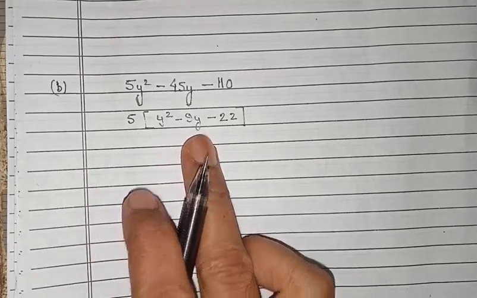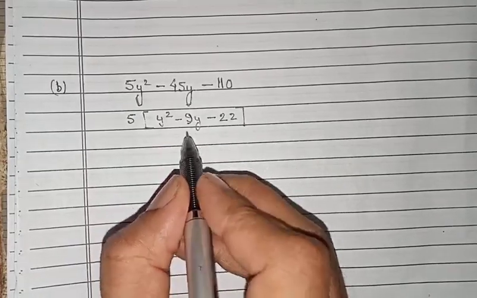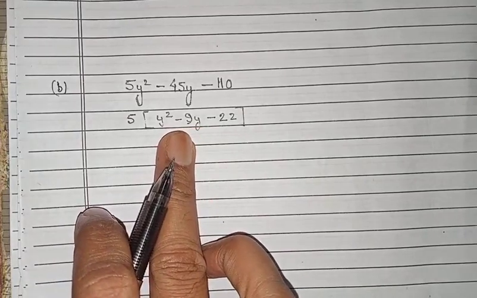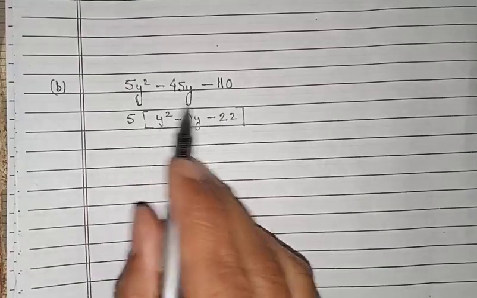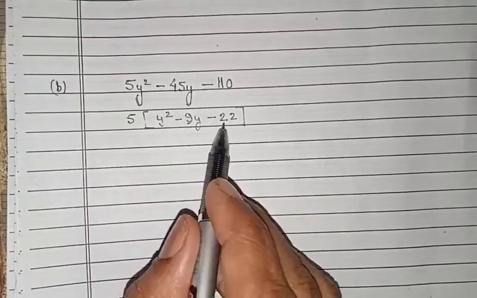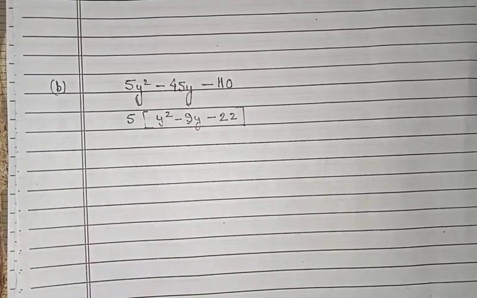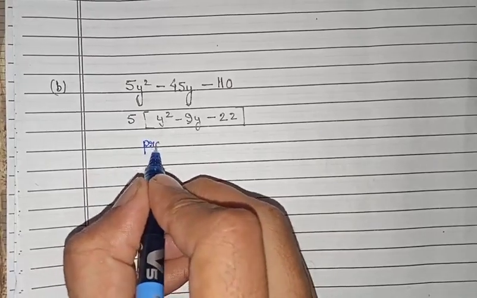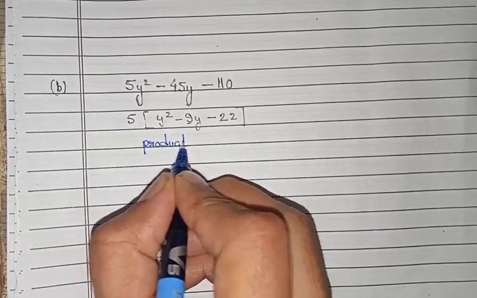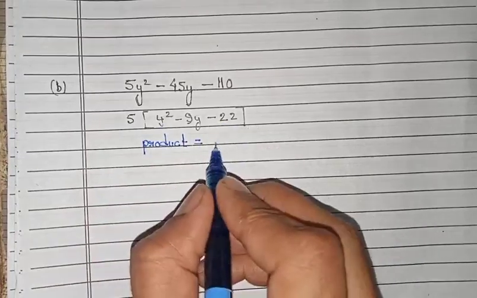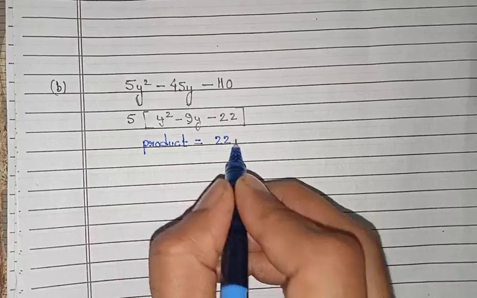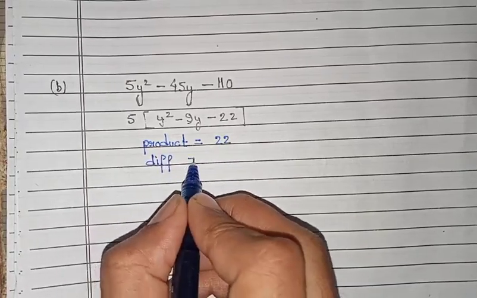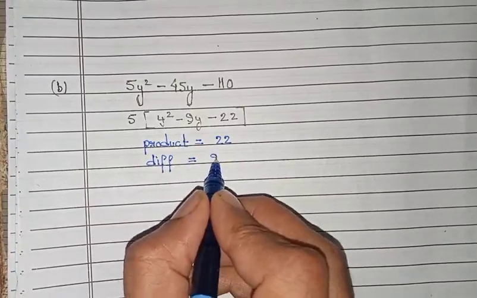Now we are going to factorize this. This is a trinomial in the quadratic form, so we are going to split the middle term. Here the product required is negative 22, and as the product is negative, we need to find the difference, and the difference is 9.